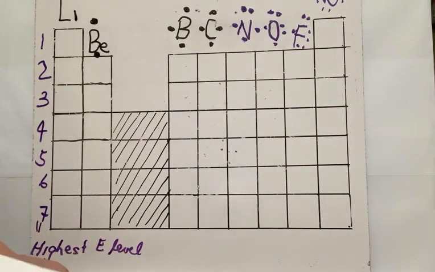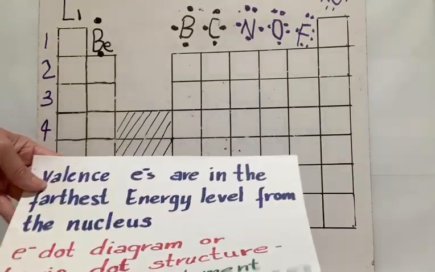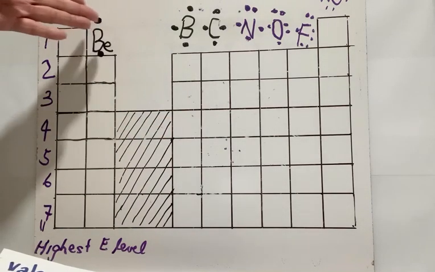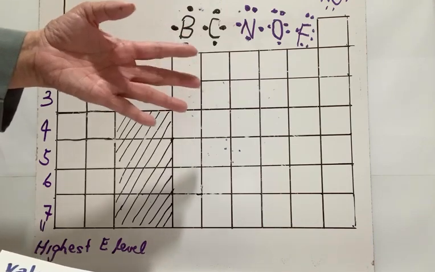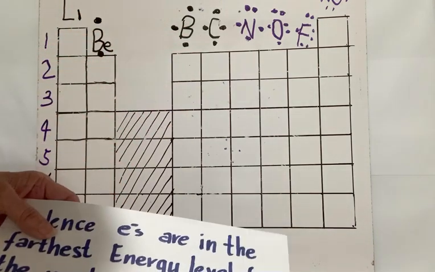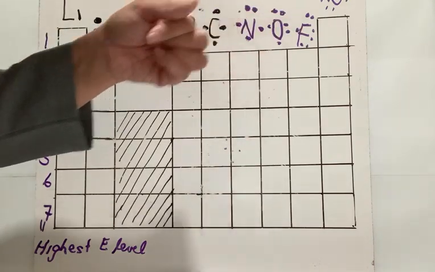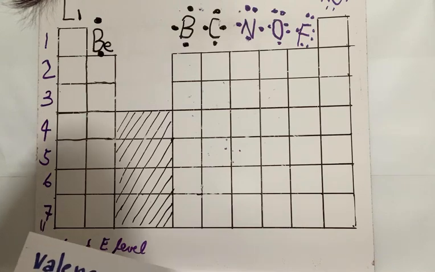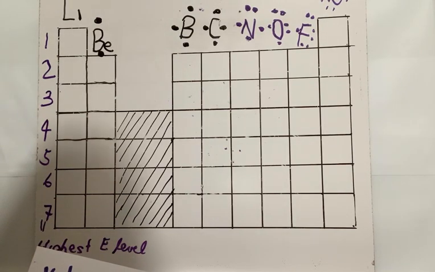So I hope you realize that we can use the periodic table by determining the valence electrons, which are very powerful, the most powerful electrons, because they are the ones involved in chemical bonding and chemical reactions. And it is nice to know that by looking at the periodic table we can easily determine them.